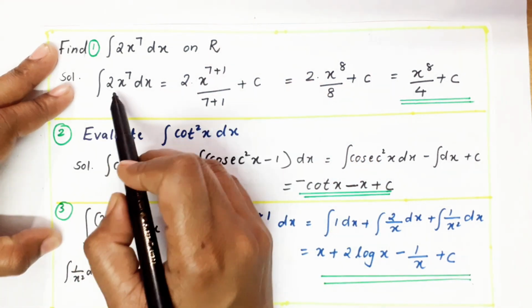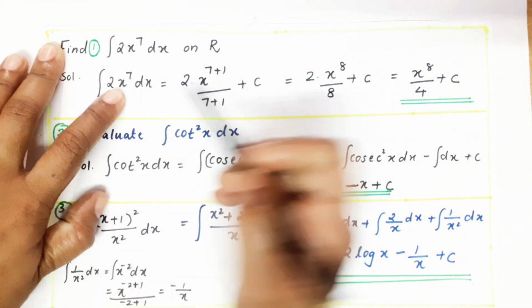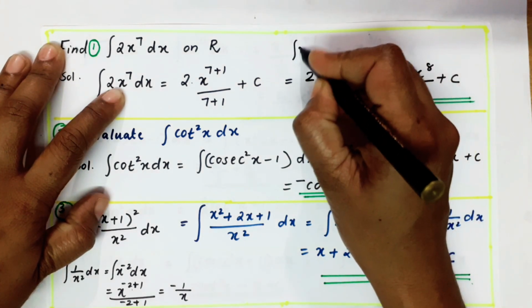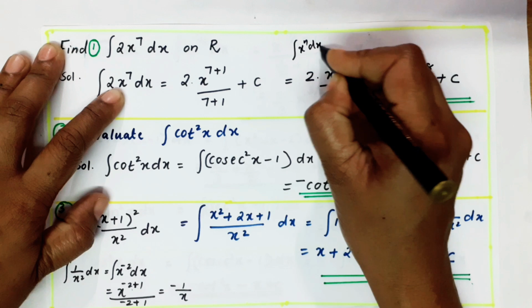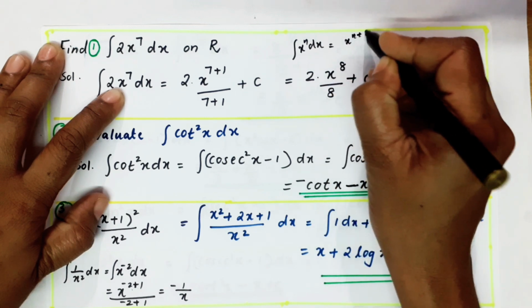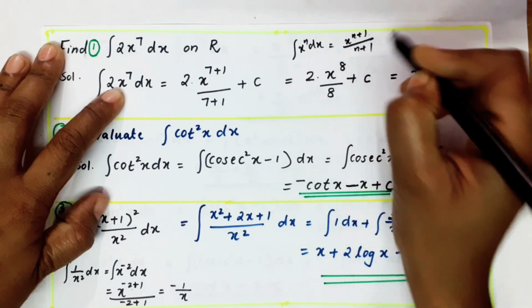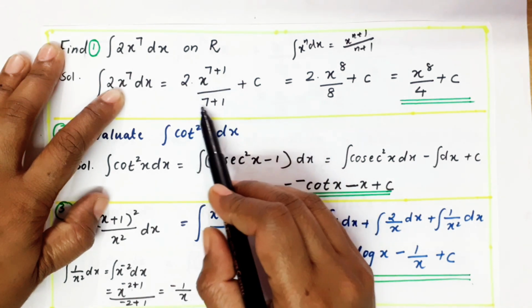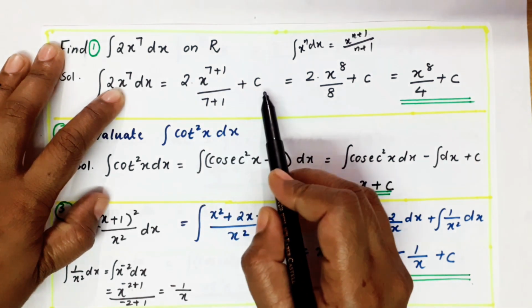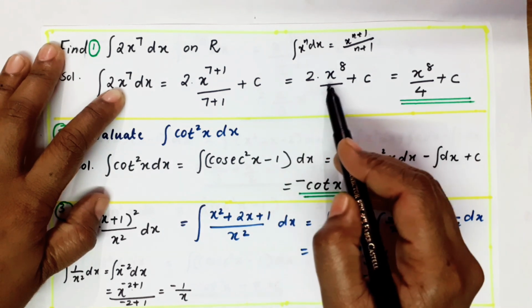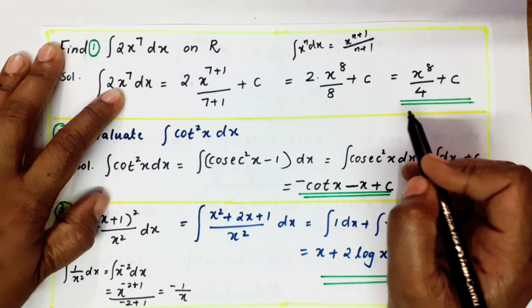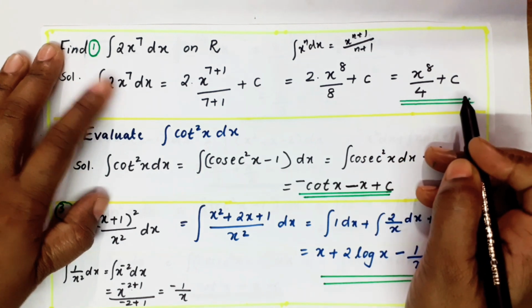Then this x power 7 dx, you know the standard formula. What's your standard formula? Integral of x power n dx is x power n plus 1 by n plus 1. So x power 7 means we can write x power 7 plus 1 divided by 7 plus 1 plus c. That is 2 x power 8 by 8 plus c. That is x power 8 by 4 plus c.